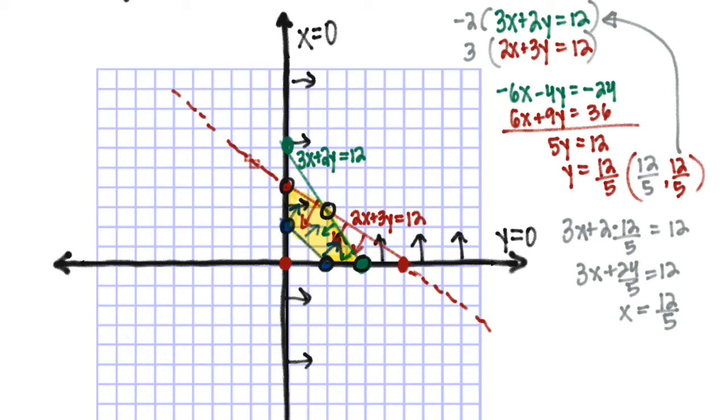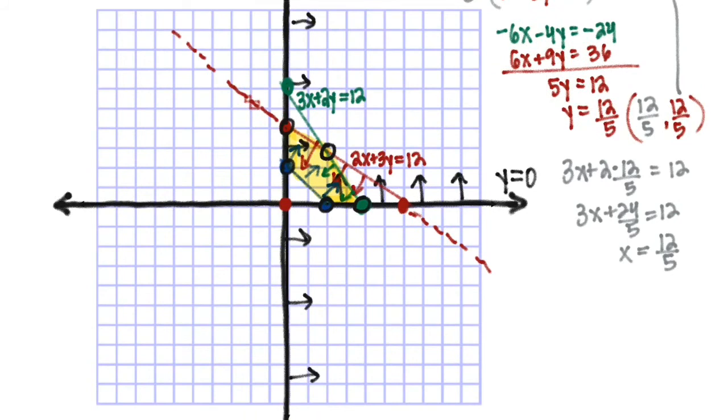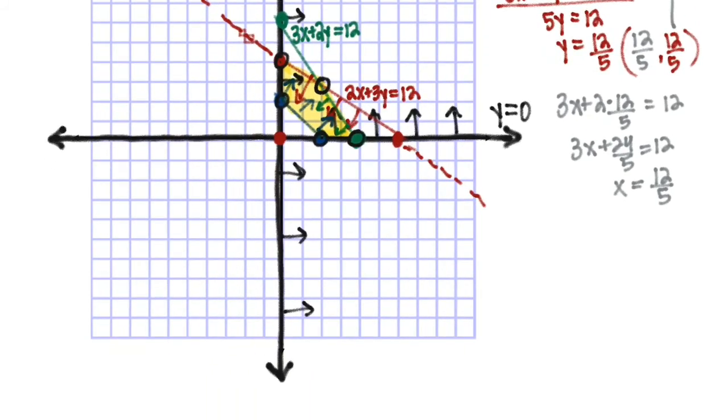So our ordered pairs for our vertices are, let's see, we've got this one right here. I'll start here and then I'm going to go clockwise. So I've got 2, 0. The next one is 0, 2.